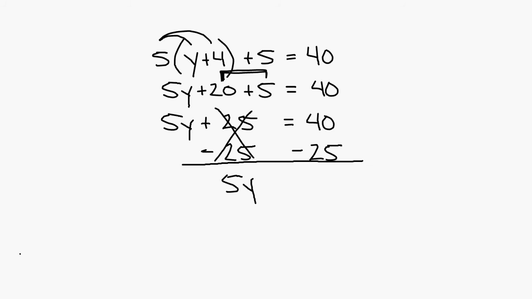And 5y is equal to 15. Your last step is to divide by 5. These 5s will cancel out. And y is equal to 3.